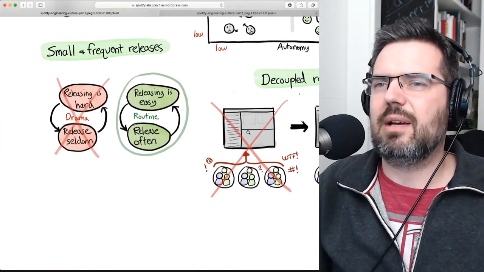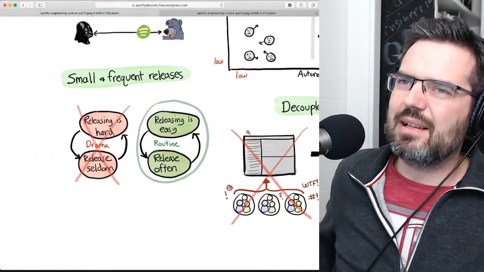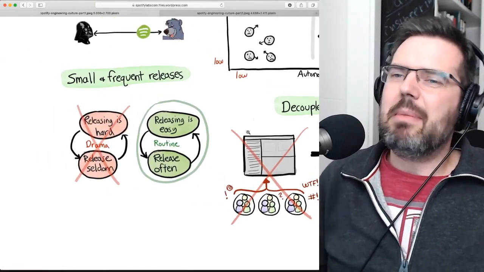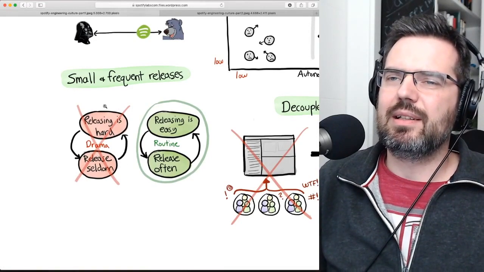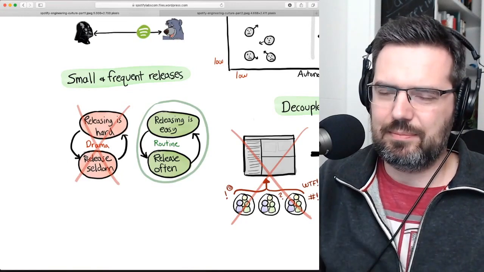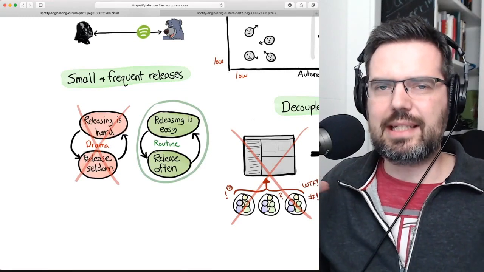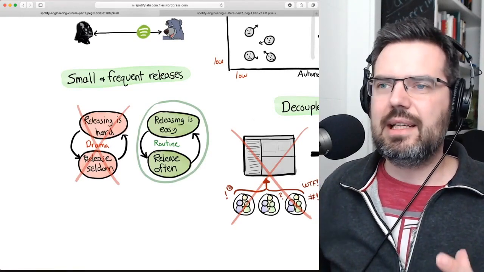What this also allows, and what I have experienced myself, many people are doing the left side here that is X'd out. They are basically releasing very seldom. You have big releases, and then the release is hard.